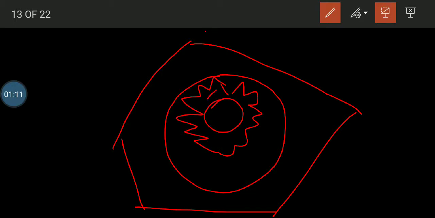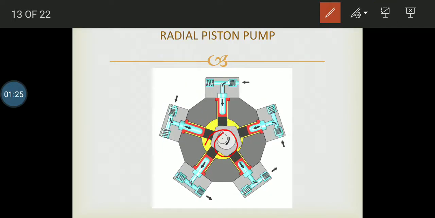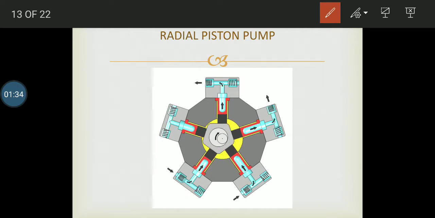So as soon as this motor rotates, the gear rotates, and because the gear is engaged with the pentagon internally, the pentagon also rotates. All this working takes place because of the rotation of the gear, or the motor which is attached to the gear.